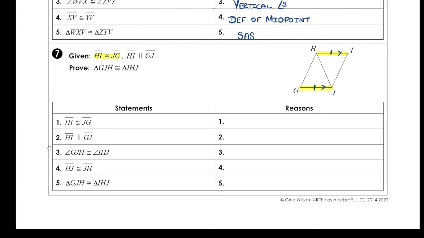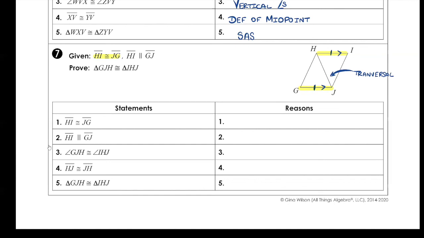So is that a transversal line in there? It would make that HJ a transversal. By definition, that could become a transversal. I like that. Who said that? You did, brother. All right, so that would be a transversal.